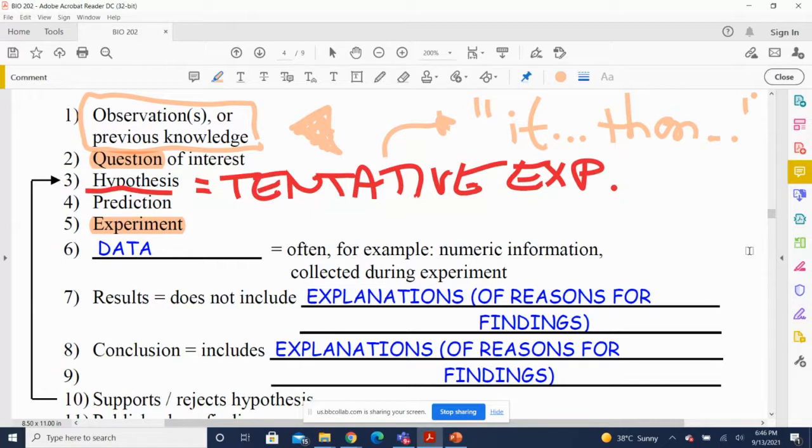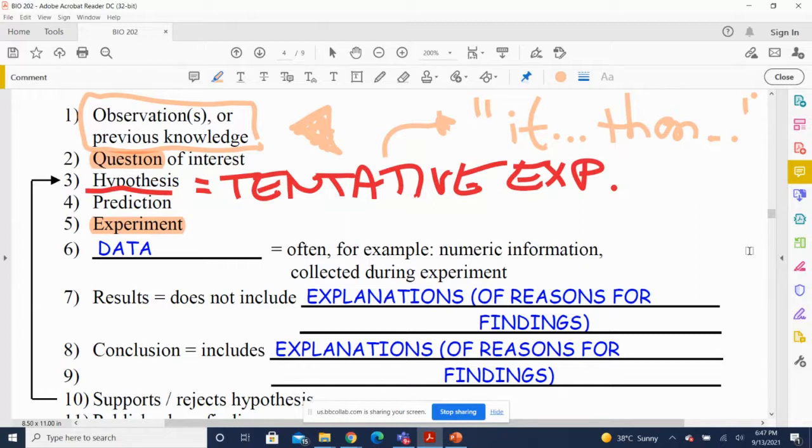So experiment doesn't have to mean that it is always in a lab setting. But in the scientific process, we do have that step where we're collecting data as part of the experiment.